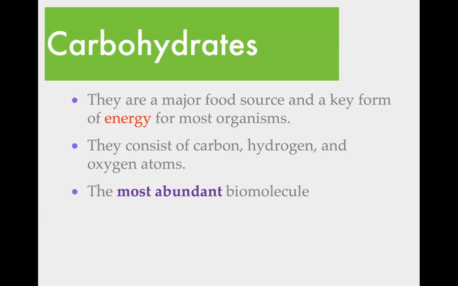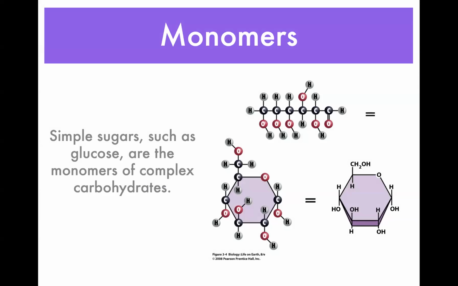These are some important facts about carbohydrates as a biological molecule: they are the most abundant, they are made up of carbon, hydrogen, and oxygen, and they are the major source of energy for most living things.